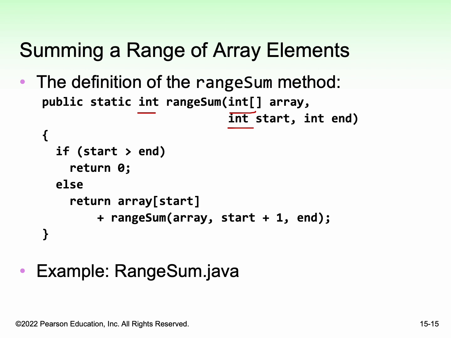Now, we have an if-else structure right here. If the starting value is greater than the ending value, then we're going to return 0. Because that will help us identify when we reach the end of our array.